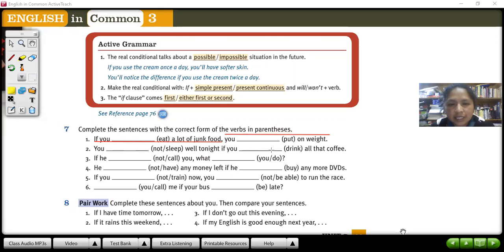And here is the if clause, because look, it's introduced by if. You have to notice that. There you have if. Here we have if. You have to make the difference, please.